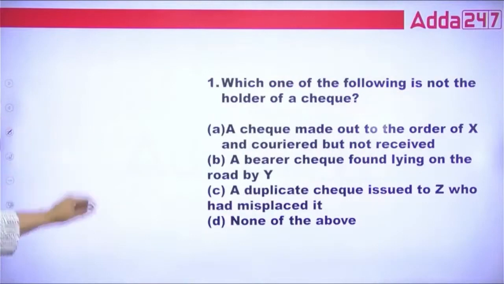Okay. Now class, come to the question. Which of the following is not a holder of a cheque? First, a cheque made out to the order of X and couriered but not received. Second, a bearer cheque found lying on the road by Y. Third, the duplicate cheque issued to Z who has misplaced it. And fourth, none of the above.